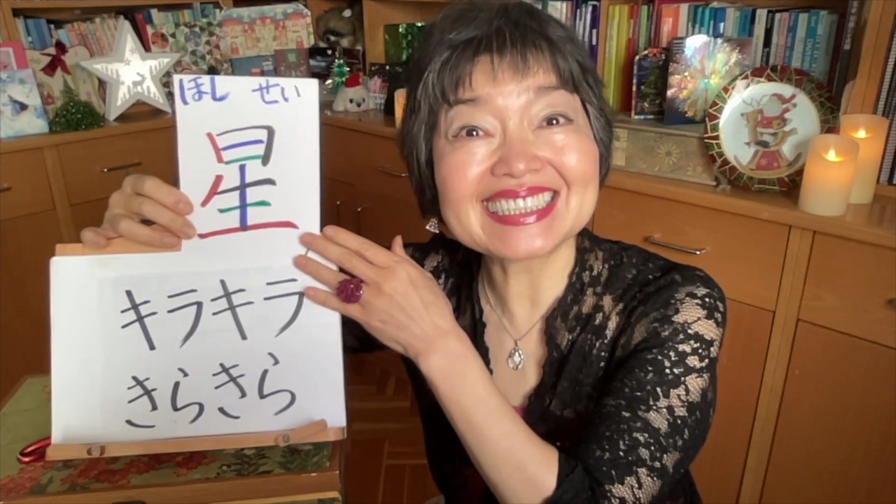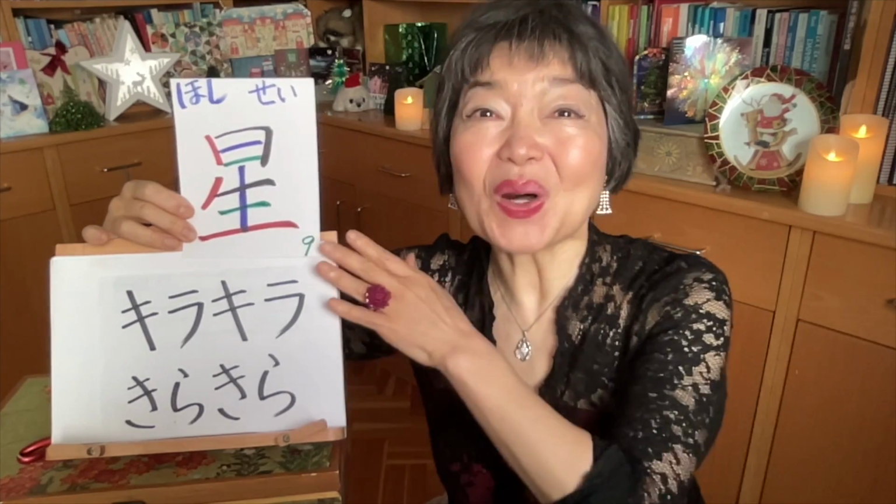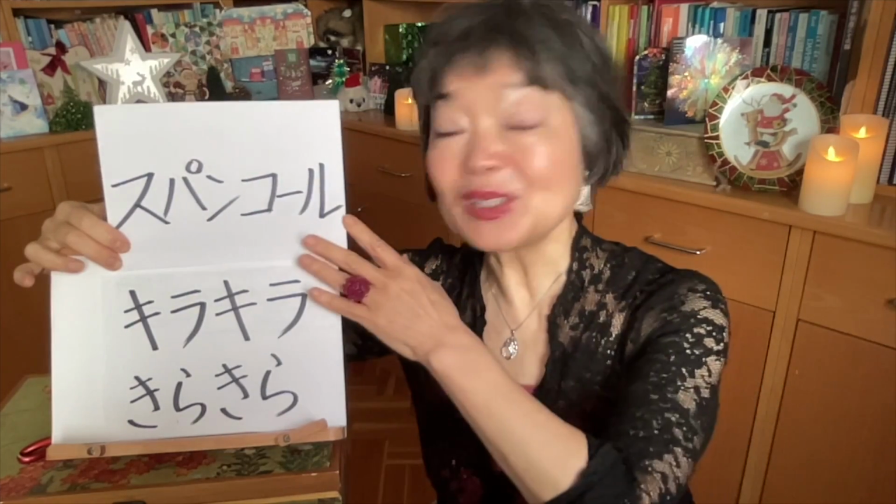In the case of Kirakira, this is something that reflects the light. For example, hoshi, stars. Stars are twinkling. This is hoshi ga kirakira shiteiru. Examples with Kirakira, spankoru, spangles.